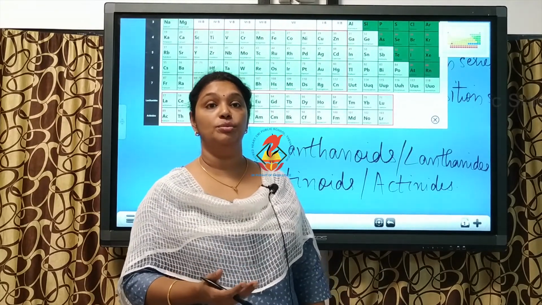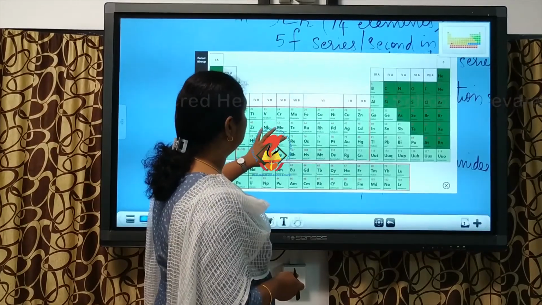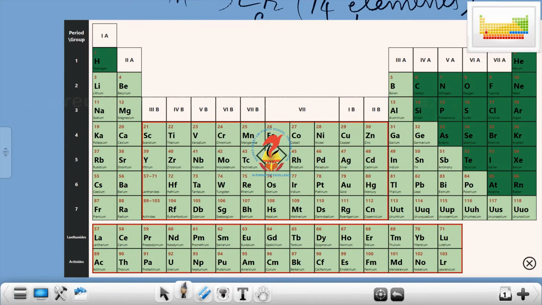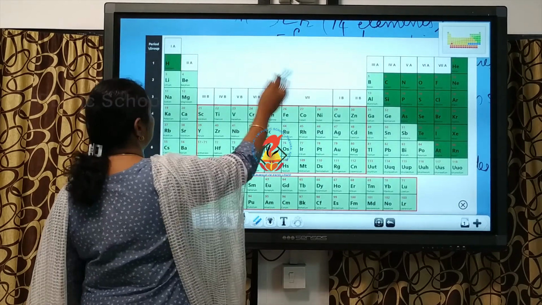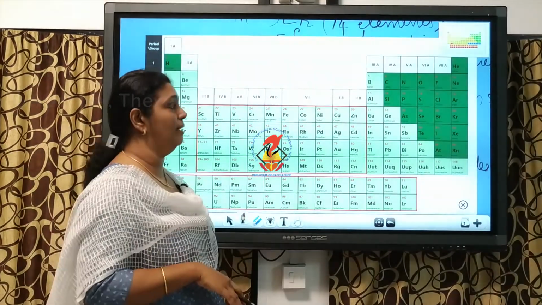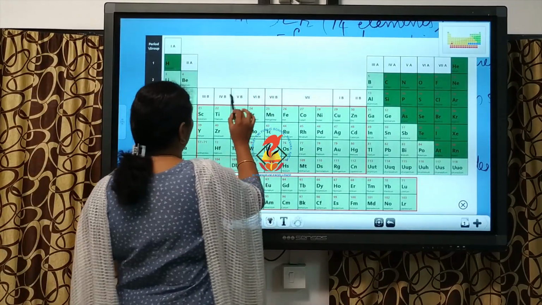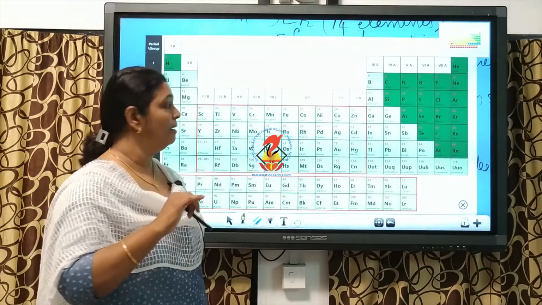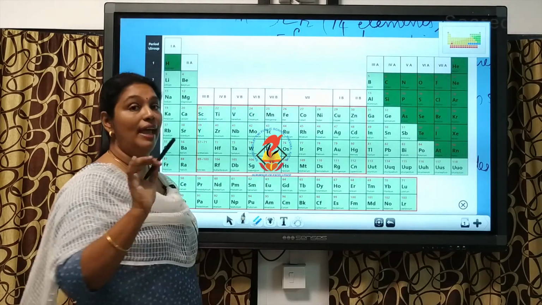Now let's come to the groups in the periodic table. Groups means, you can see the vertical columns in the periodic table are called groups, and you can see the group numbers are written on the top. We have 1A, 2A. This is the old version of periodic table. Actually, this is group number 1, 2, 3, 4, 5, 6. So 1 and 2, we have s orbitals getting filled. Then from 3 to 12, we have our transition elements.